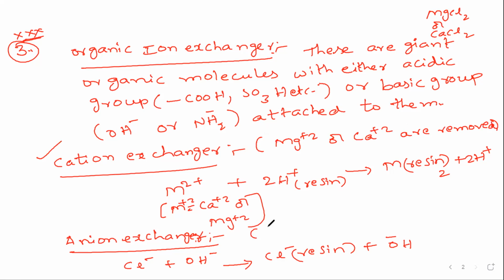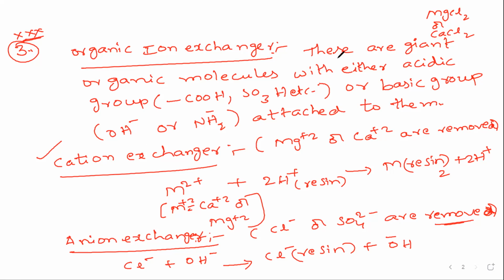And in the anion exchanger, chloride ions or sulfate ions are removed. So both anions and cations are removed from the hard water, which makes it easily soft water. So this method is more refined than all other methods.